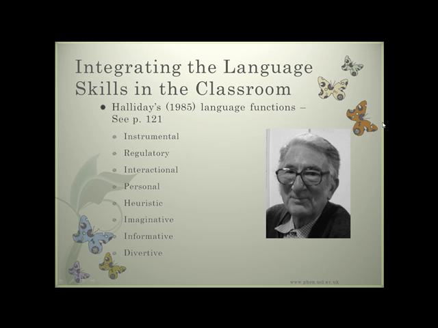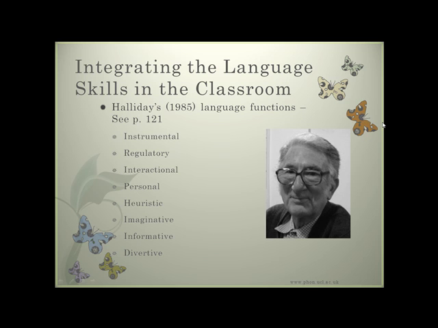With interactional, we basically try to form relationships with others. We want to be social. So we would say, I want to be your friend, let's go play, etc. We are basically using language again to develop a relationship with someone else. For personal, we're trying to express our opinions and feelings.